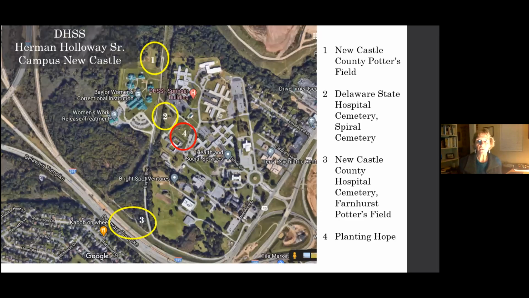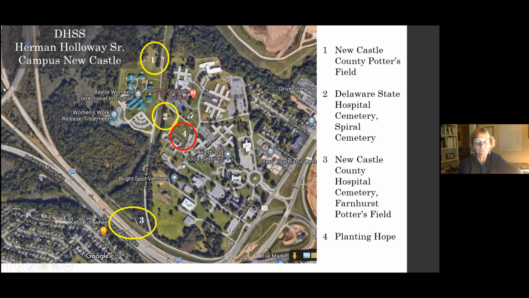If we look at the three potter's fields that I'm going to be talking about today, you can see here's an aerial view of the Herman Holloway campus. This campus is the headquarters of the Department of Health and Social Services. It's the old Blandy farm for those Delawareans. I'm going to use my arrow here just to get you oriented.